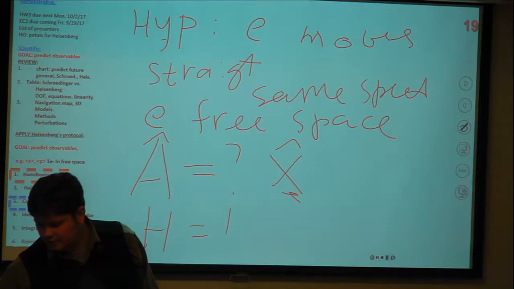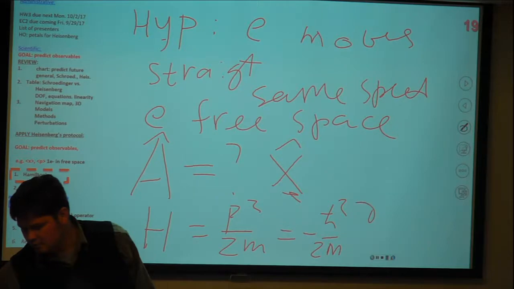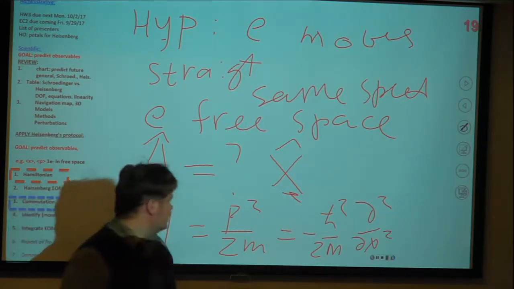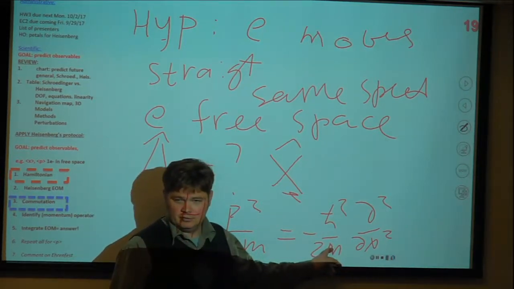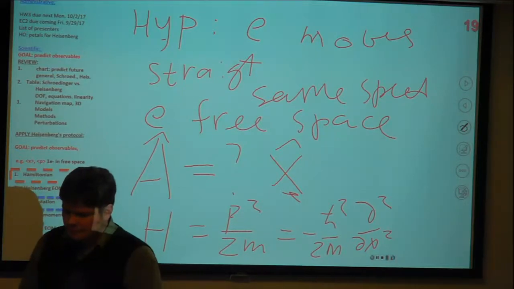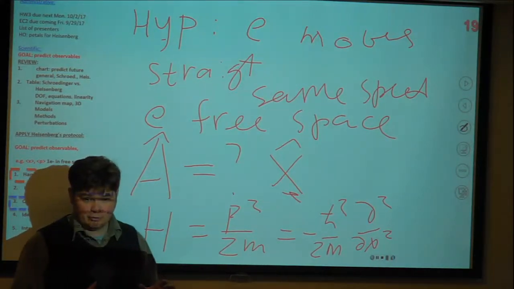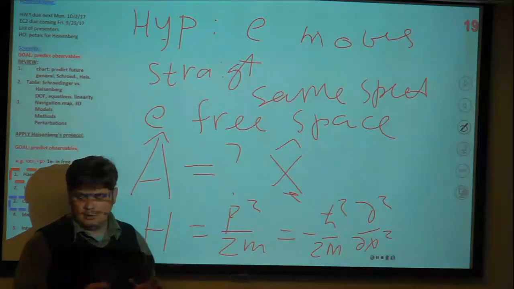So P squared over 2m, or you can formulate it in quantum language. Again, nothing new, we came through this. And we want to plug these two things into the Heisenberg Equation of Motion and look at what happens.